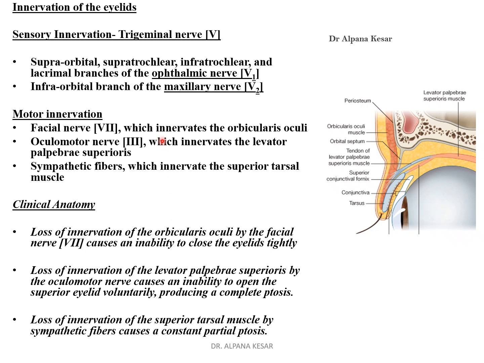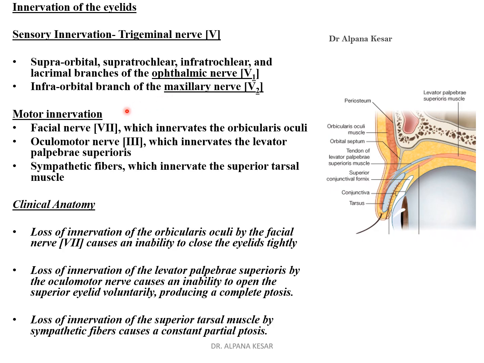Innervation of the eyelids. The sensory innervation of the eyelids is by trigeminal nerve via the following branches: the ophthalmic nerve. The branches of ophthalmic nerve that innervate the eyelids are supraorbital, supratrochlear, infratrochlear, and the lacrimal branches, and an infraorbital branch of maxillary nerve.